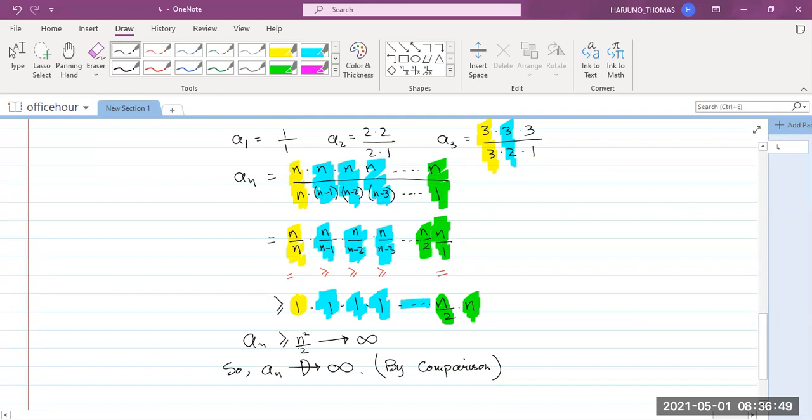You see? So it depends on how many factors you want to take. You can make it n times n over 2 times n over 3 also, which means this a_n goes to infinity a lot faster. But the consideration here is where it goes to. It doesn't matter how fast it goes to that place. So using n is good enough, but you can also do it this way.